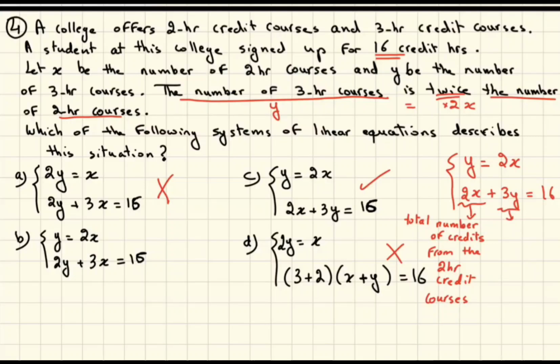Same thing for this, but it will represent the 3-hour credit courses. The total number of credits in total will be 16. So that's why we added them and we wrote it's equal to 16.